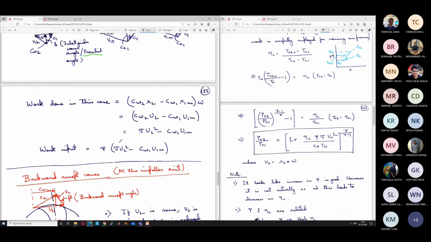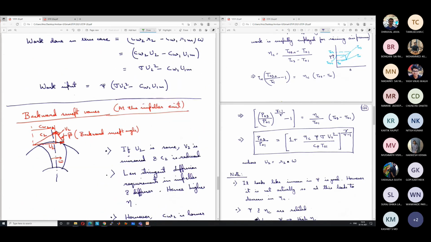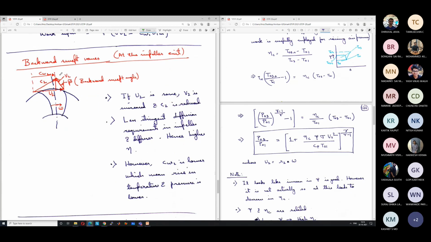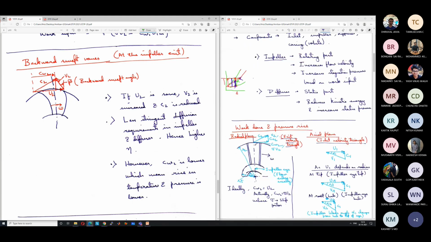Okay. So there is another small thing before we finish off. That is the concept of backward swept vanes. So till now, what type of vanes have we seen? We have seen the vanes are perpendicular to the circumference. So the relative velocity direction V2 is along the radial direction, following the radius.